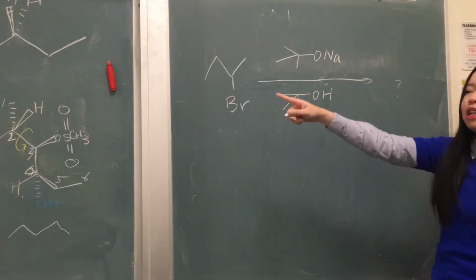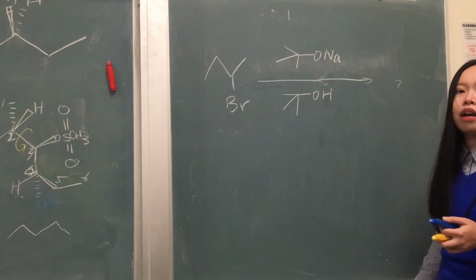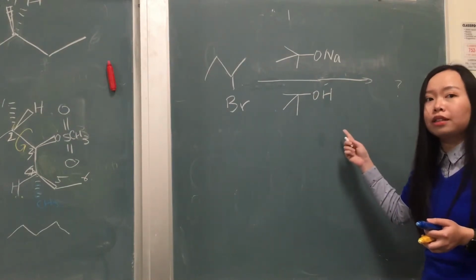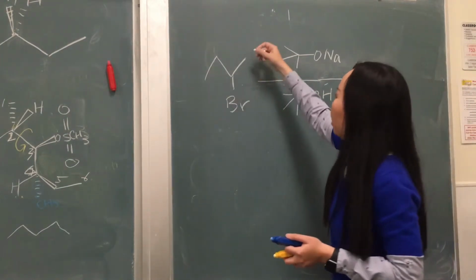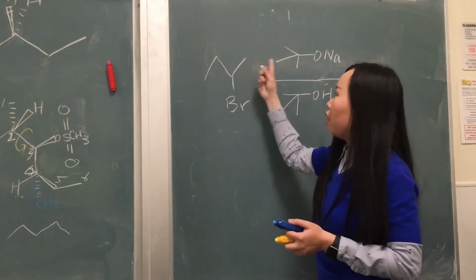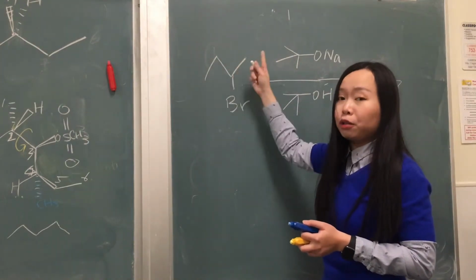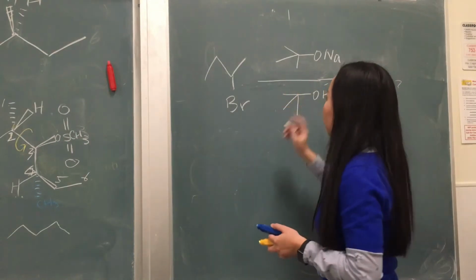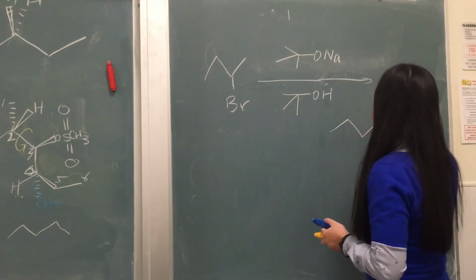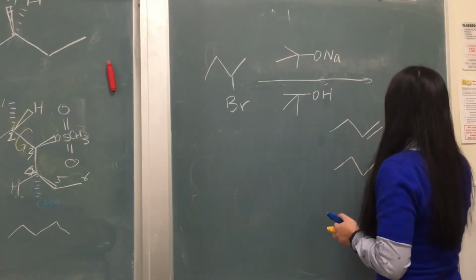This is actually one of the Zaitsev and the Hofmann because it's a bulky base. So think about this one because now we don't have the problem of which anti-hydrogen I have. They both have. So the product is going to look like this and this.